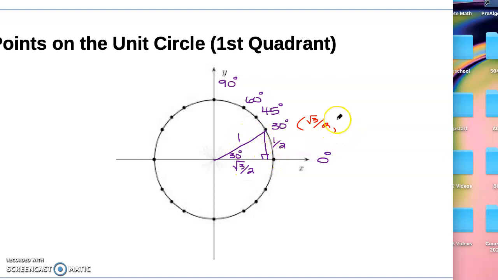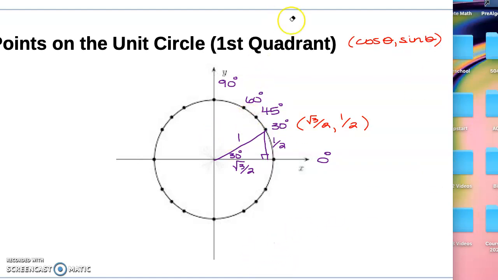And I'm moving vertically 1/2, because again, that would be the sine of that angle, 1/2 divided by 1 is just 1/2. So the ordered pair at 30 degrees is radical 3 over 2 and 1/2. Radical 3 over 2 again is your cosine. Your x value is your cosine. Your y value is the sine of that angle.